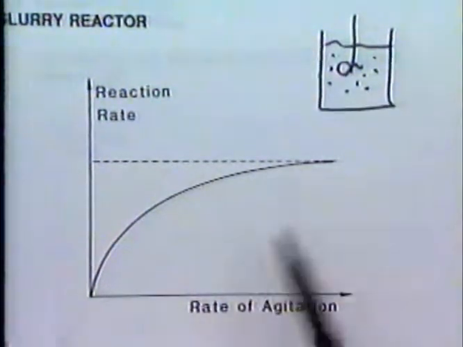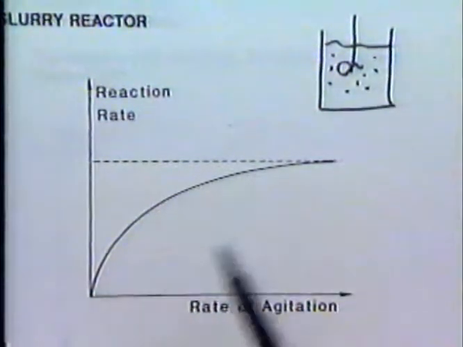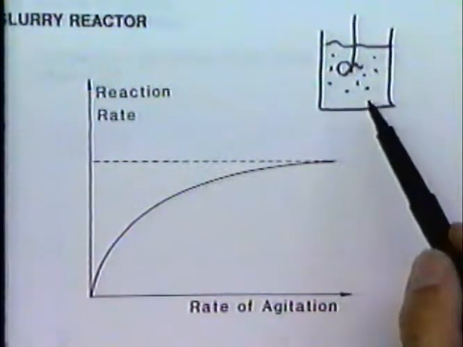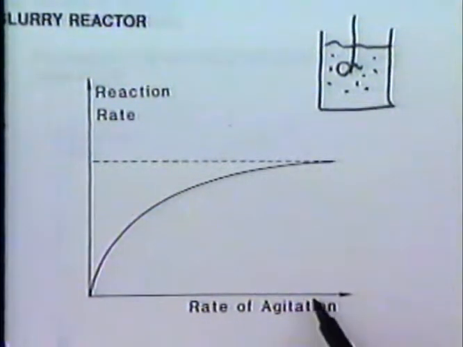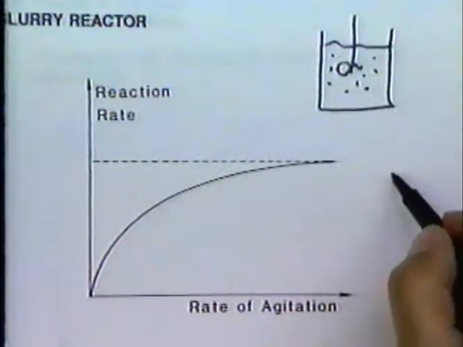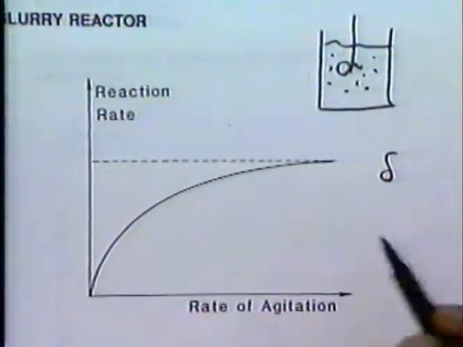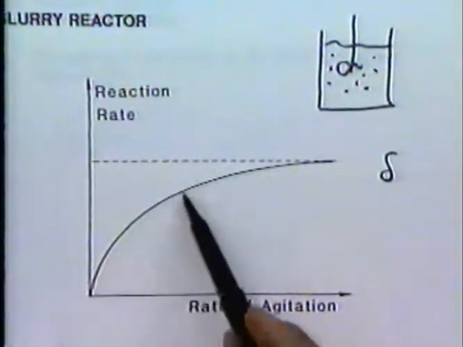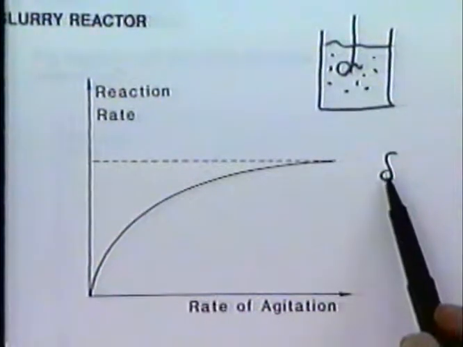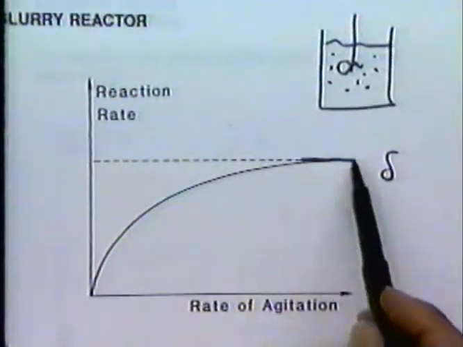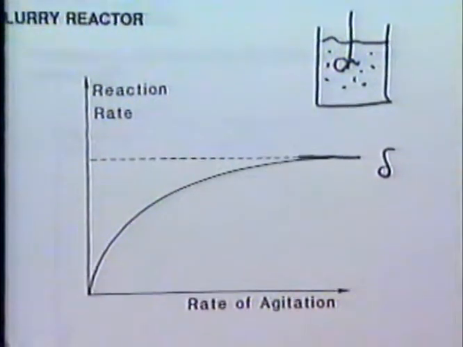We may increase the rate of agitation, and if we have mass transfer resistances, increasing the rate of agitation will decrease the film thickness around the particles. Therefore, the reaction rate should increase until this resistance to mass transfer is small compared to the chemical reaction resistance, and then we will have a flat profile.